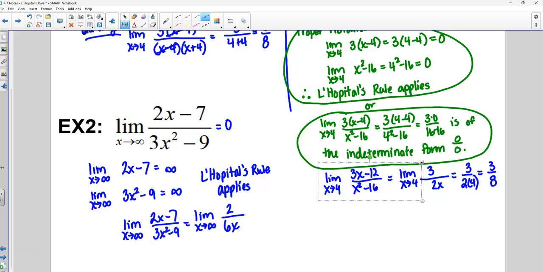You can't really plug in infinity. It's bad to plug in, like, don't do 2 over 6 times infinity. It's also bad notation to show. But if x approaches infinity, if x gets bigger and bigger, what's going to happen to the value of that fraction? Smaller and smaller, closer and closer to 0, right? So this will approach 0.